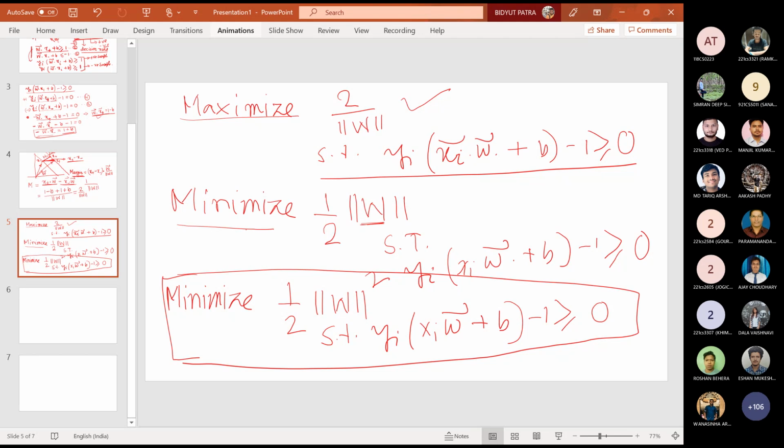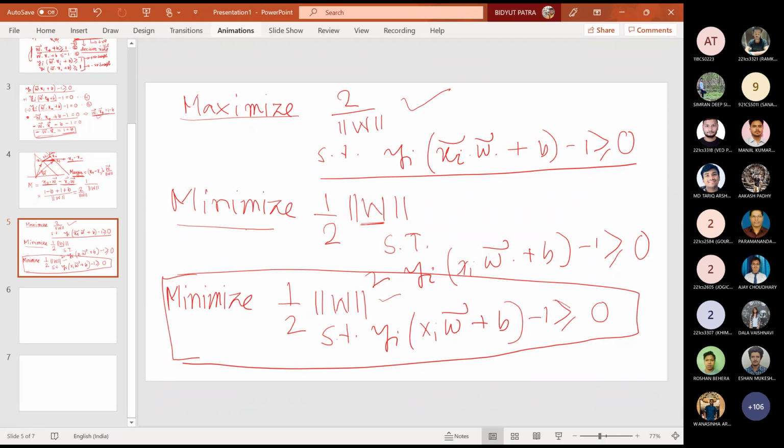Now, the problem we started with boils down to a minimization problem. For this type of minimization, if there is a quadratic function, and the constraints are not linear equalities but inequalities, then we need to handle it in a different way.